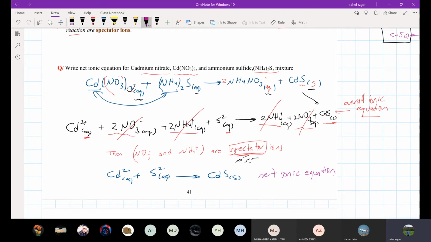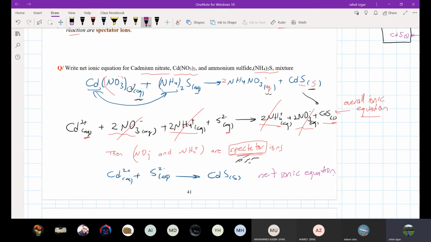All right, next. Then we try to separate them and write them as ions. Which ones are we going to write as ions? Only the aqueous solutions. So if it says aqueous and it's a compound, just write it as ions and separate them.